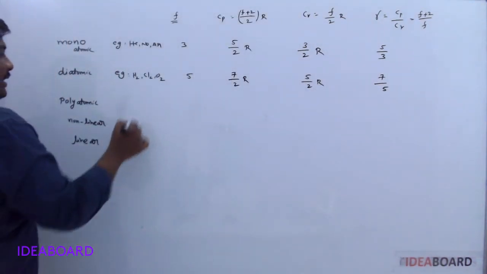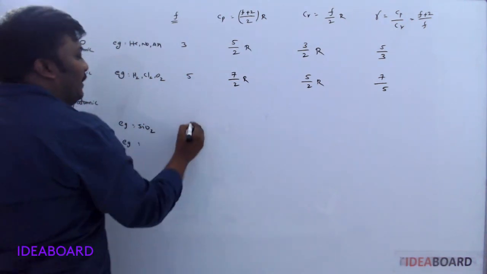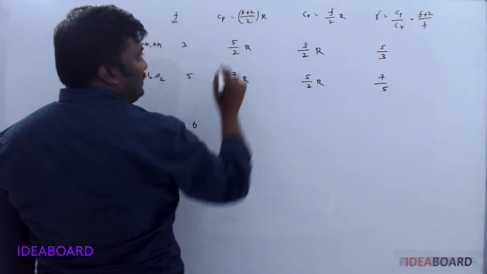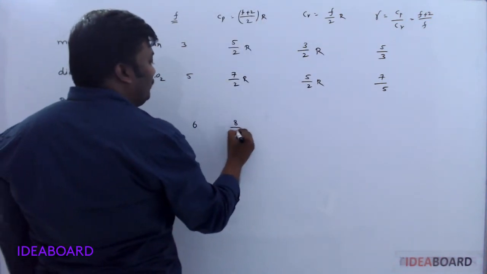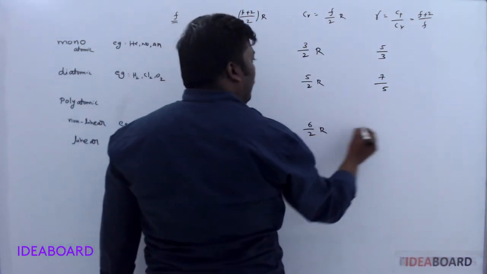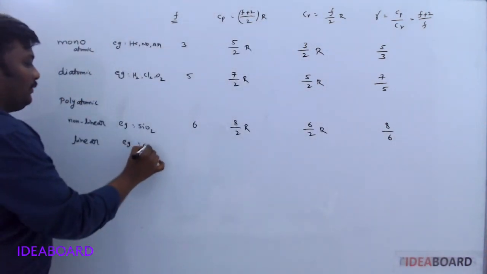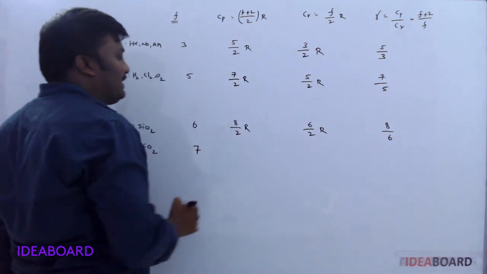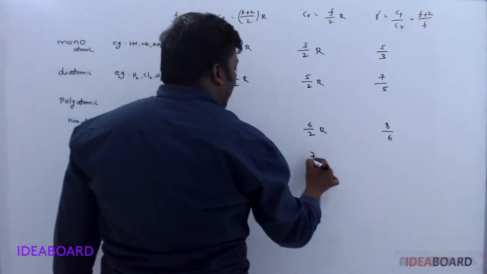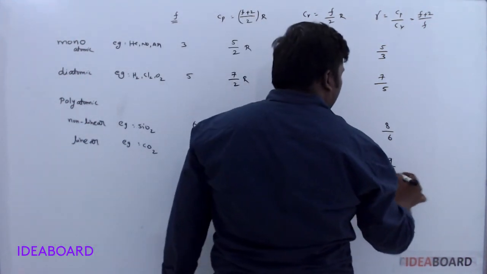Next polyatomic, non-linear, silicon dioxide, number of degrees of freedom are 6, if you substitute 6 plus 2, 8 by 2 R, and 6 by 2 R, so 8 by 6. And linear, CO2, number of degrees of freedom are 7, 9 by 2 R, 7 by 2 R, and 9 by 7.